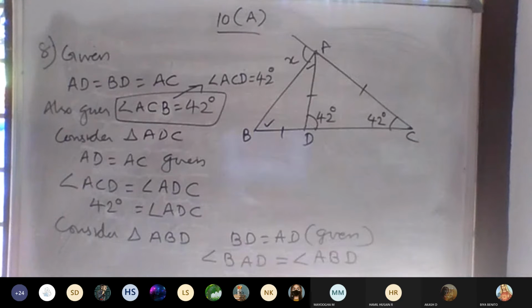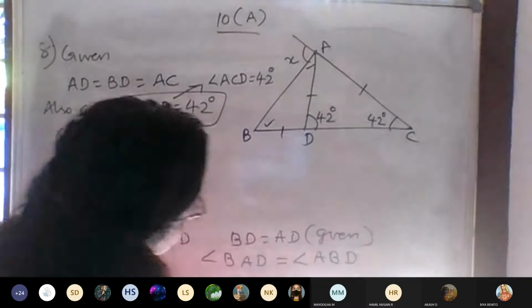Is there any connection with 42 degrees if we consider triangle ABD?